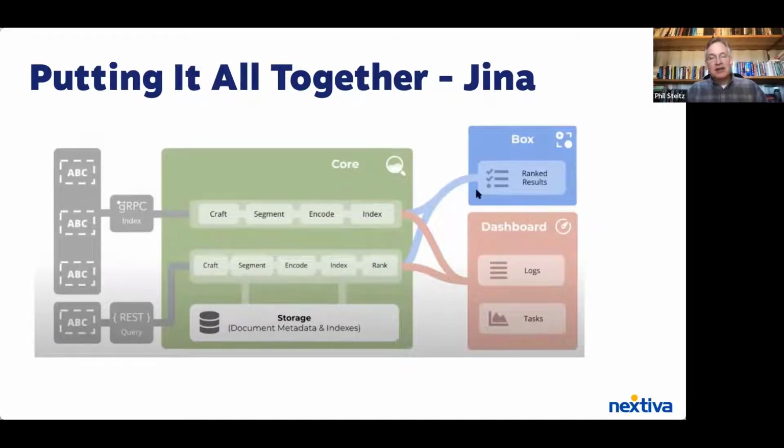What Jina does is it has a structure that enables you to set up these individual things in flows, and we'll talk about that. And it provides an execution environment. It provides a storage abstraction layer that enables you to manage indexes and results in a way that is declaratively configurable. And most importantly, it enables each of these kinds of things, the segmenters, the encoders, the indexers, to be pluggable.